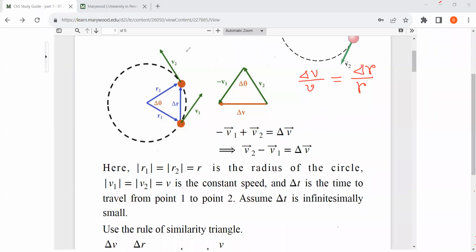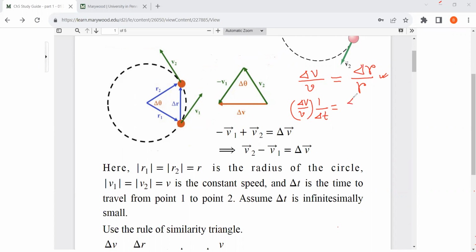Now the next step is I want to divide this with respect to delta t. So we have this equation and I want to divide this quantity by delta t. Let me write this down.